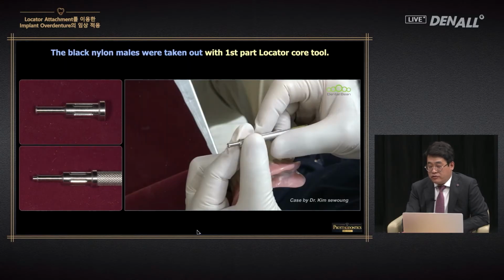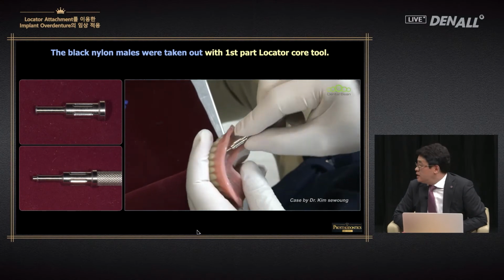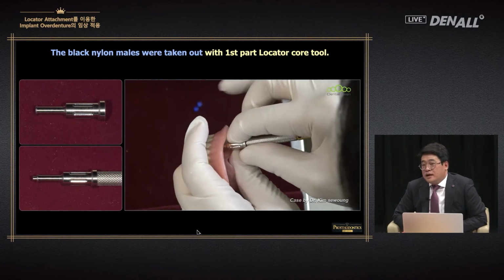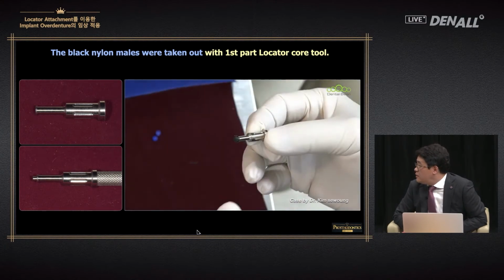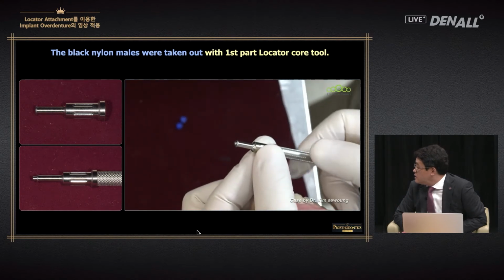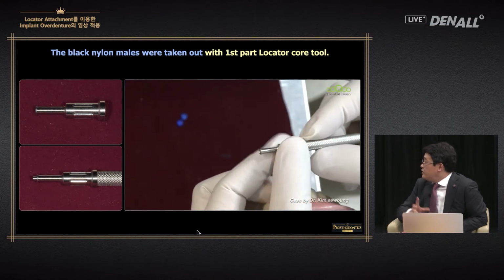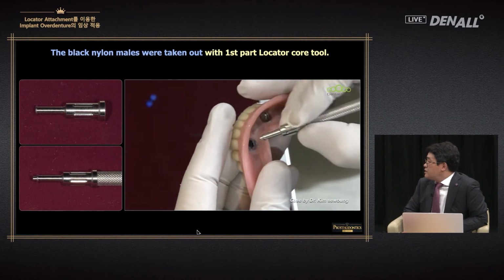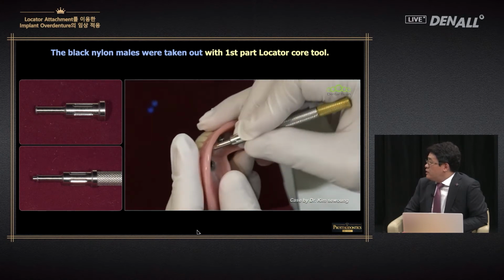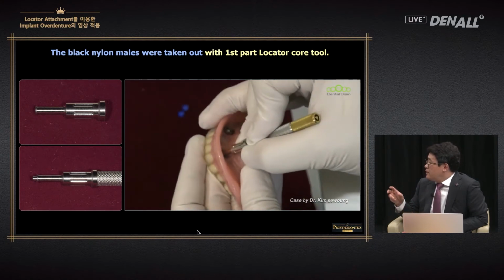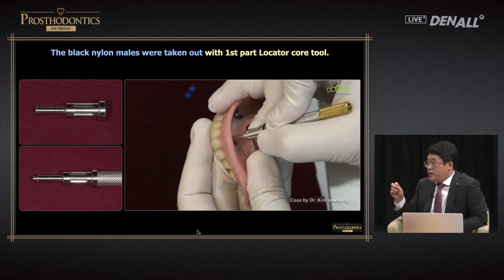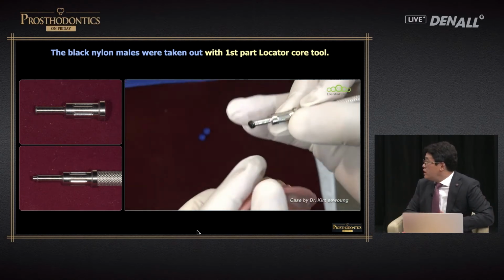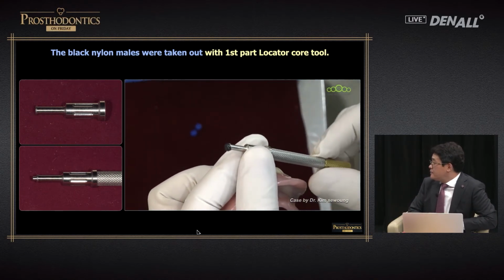Now you can see that it is now clean. The black nylon male is now being removed. The middle part of the locator core tool, you can use the middle one to remove it very easily. As you remove it, if it's stuck, you can remove it using the back portion as shown in the video.